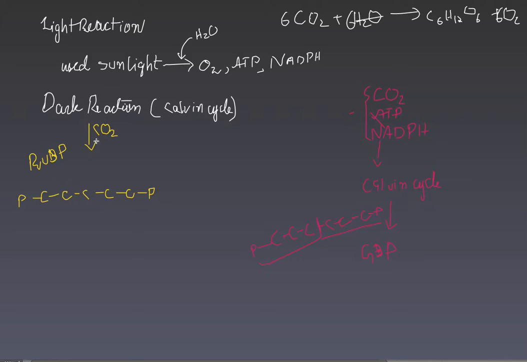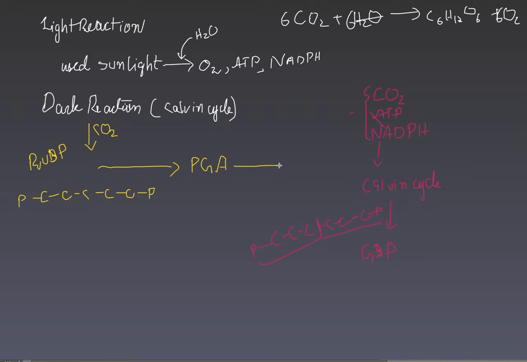And it joins carbon dioxide, and you eventually end up having a PGA molecule, which is called phosphoglyceric acid. Now, what happens is that these molecules join together to form a PGA molecule.